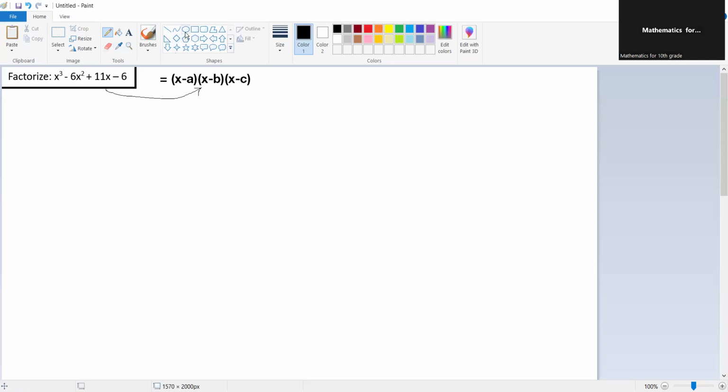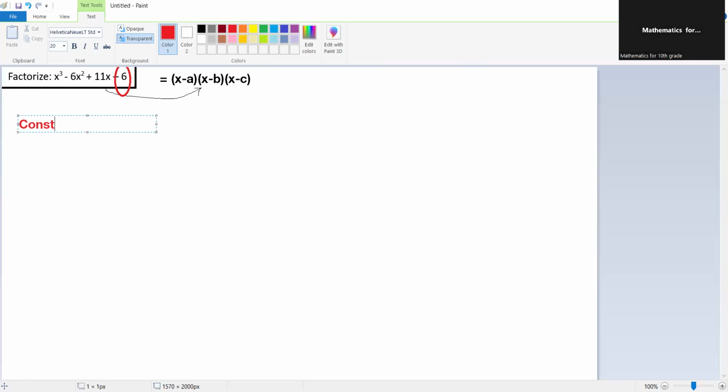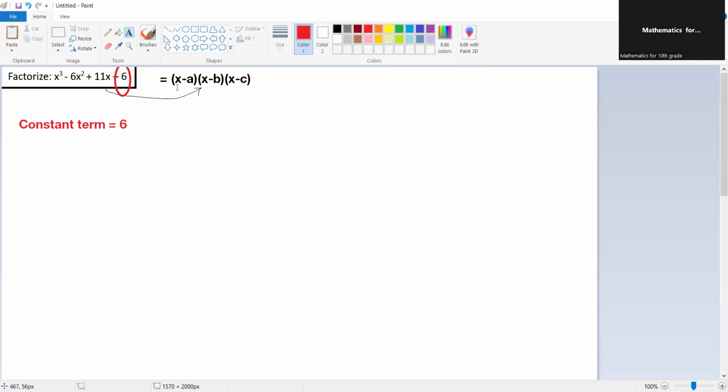So the idea is we need to focus on the constant term, which is minus 6. So we focus on the magnitude, which is 6. So one of these factors, x minus a, x minus b, x minus c, so one of these numbers, a, b, or c, is a factor of 6.